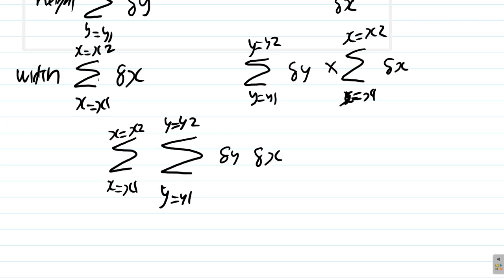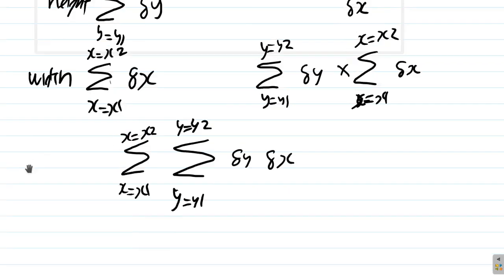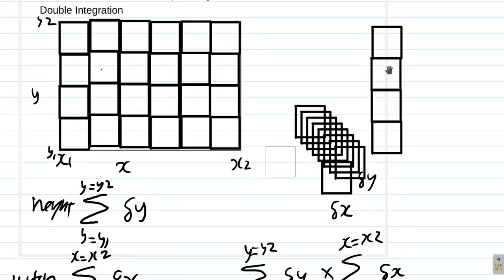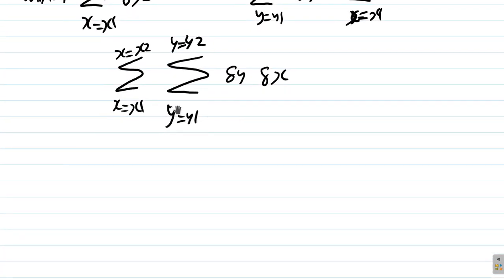So now, you remember that as these squares get smaller and smaller, we need more of them to cover the entire rectangle. Now, if the width delta x gets so small that it's approaching 0, and delta y, the height, also gets so small that it's approaching 0, then we change the sigma notation sign to integral.